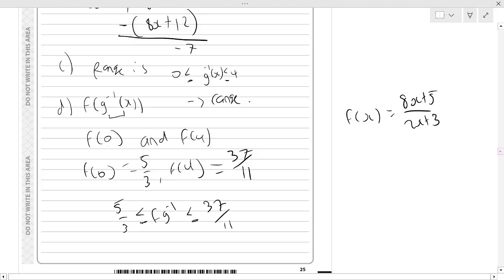That actually is right, but you cannot really make that step, because what we're essentially considering is the range of f of x for all x between 0 and 4. All I've done here is consider the endpoints.